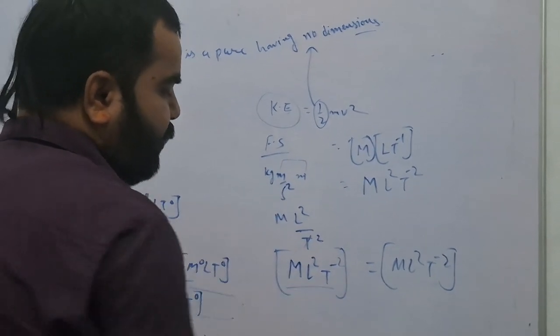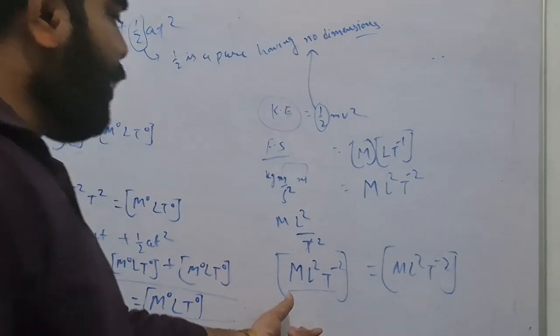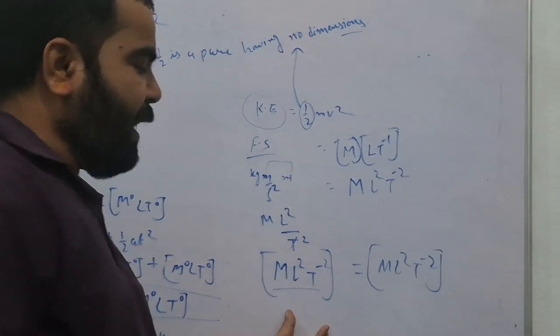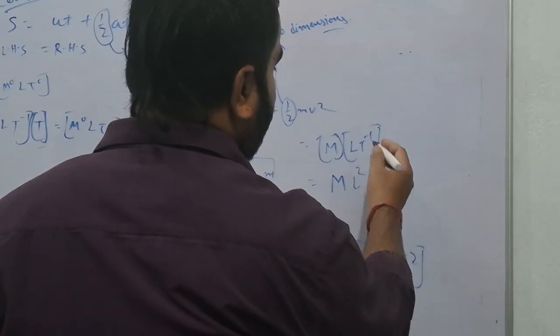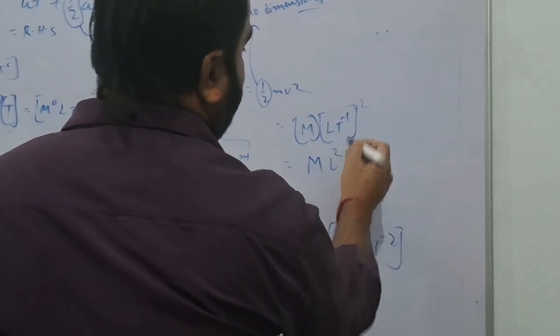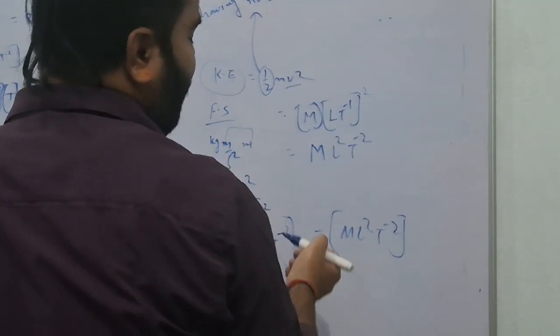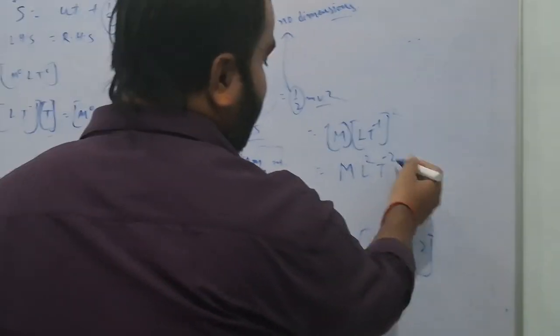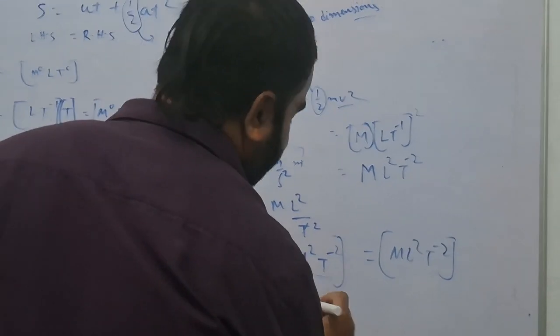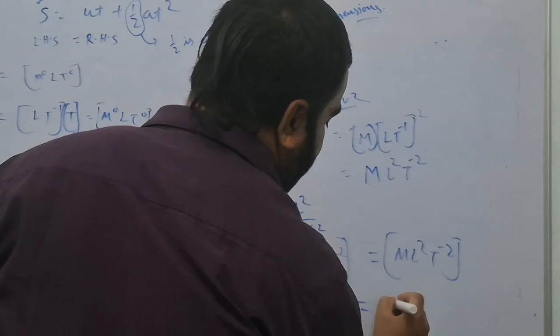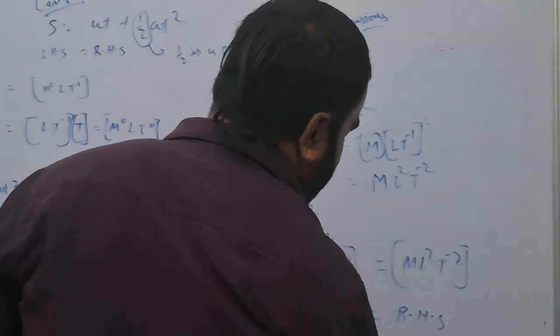So we just received the dimensions of energy: kinetic energy is M L square T minus 2. Now same as you solved here, v square is there, so M L square T minus 2. Now it is dimensionally correct because you can see LHS is equal to RHS.